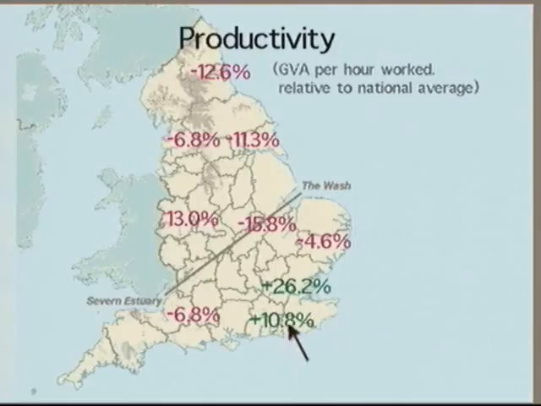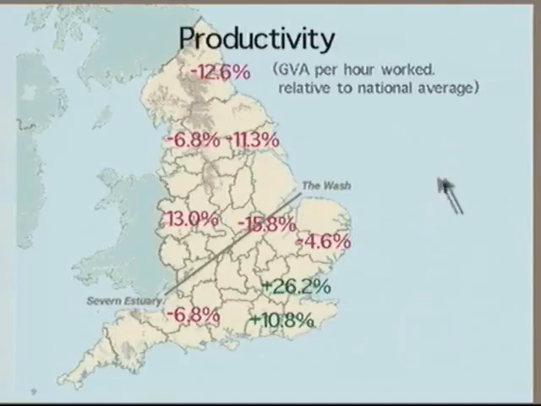In the southeast, it's 10% above, but in the rest of the country, it's below the national average. 12% below in the northeast, 13% below in the West Midlands, 15, nearly 16% below in the East Midlands, 4% below in the East. In the Northwest it's nearly 7% below, and so on.